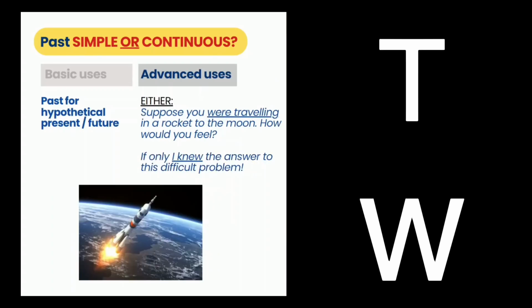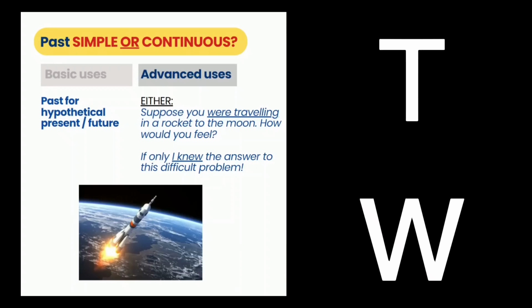If you're being hypothetical, even if you're talking about now or the future, you can use past tenses to show you're being hypothetical, that you're not being real, you're just imagining things. And for this, we can use either the past simple or the past continuous, depending on the sentence. Look at the picture. Do you think this could happen to you?